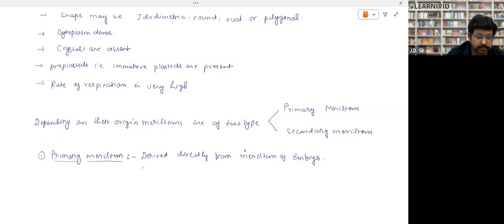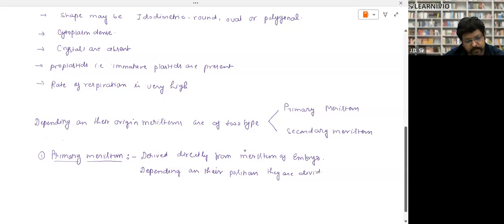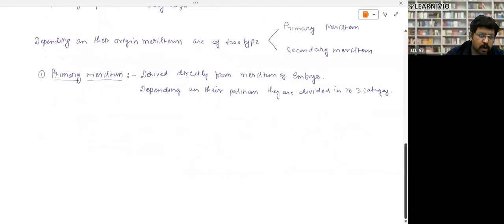Depending on their position, they are divided into three categories, right? So these are the meristematic tissues which are present in a plant since birth. On the basis of their position, we divide them into three parts.